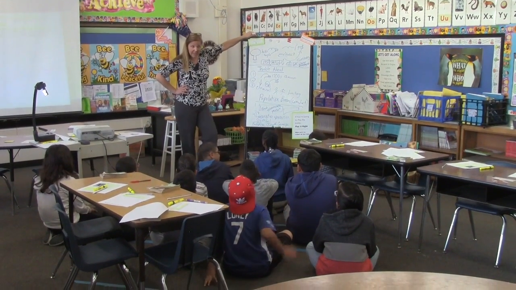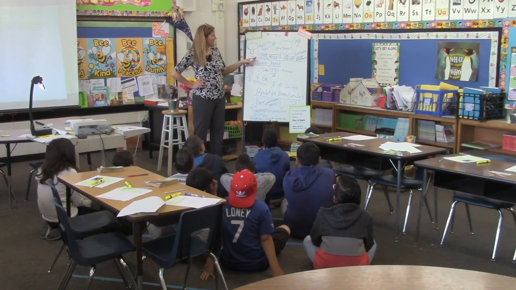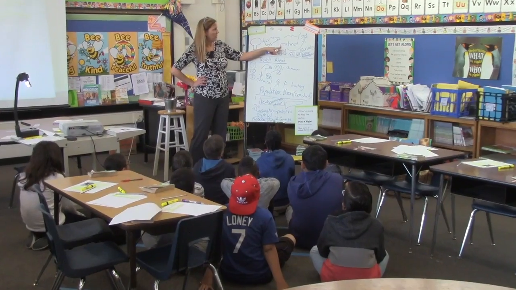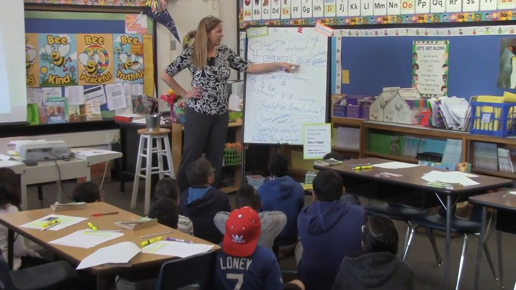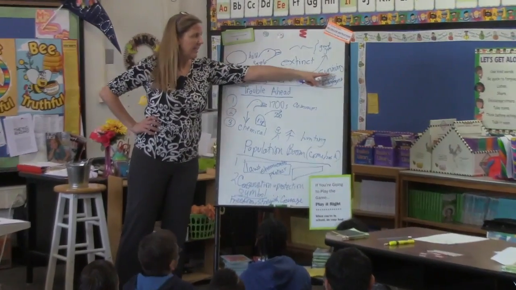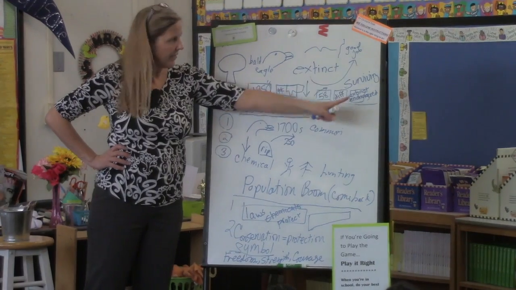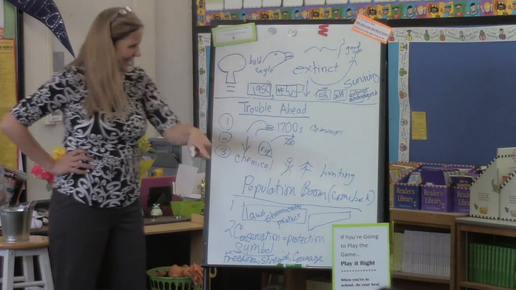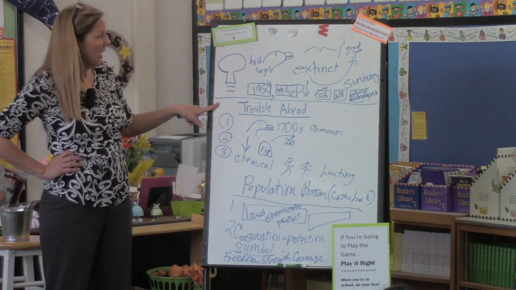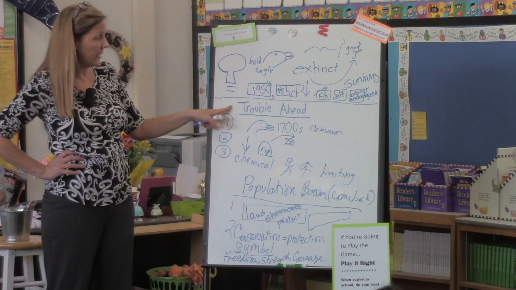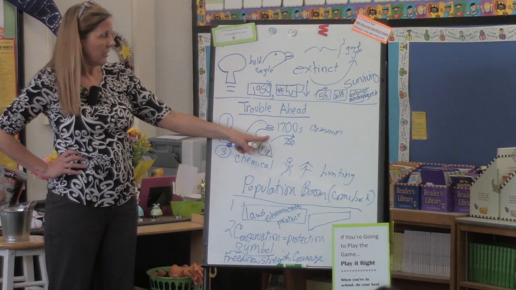Let's read it. Are you ready, guys? Go. In the 1950s, the bald eagle was close to extinction. But 15 years later, they learned to survive. I'm using your idea for that one. Ready? Go. Trouble ahead.